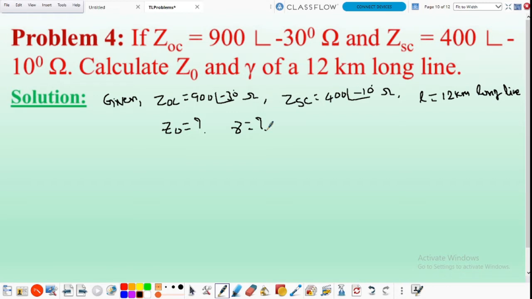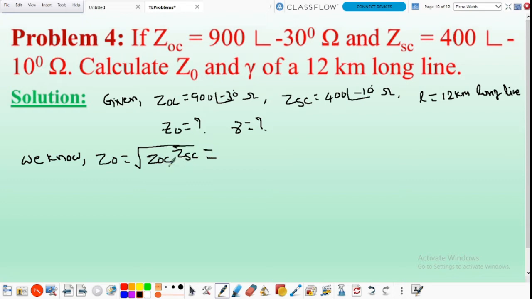So first, calculate the characteristic impedance using the relation. We know that, given the open circuited impedance and short circuited impedance values, the characteristic impedance Z0 is equal to the square root of open circuited impedance times short circuited impedance.